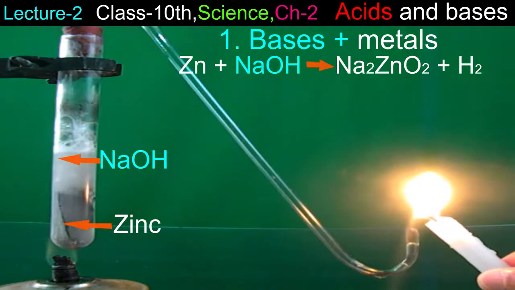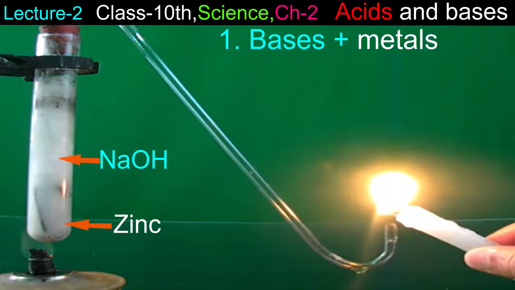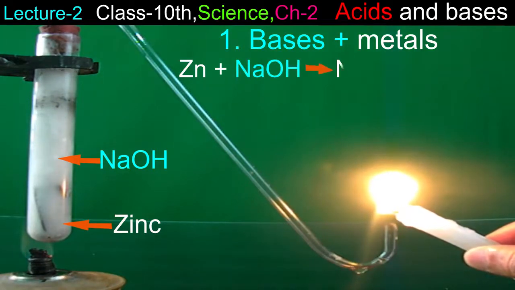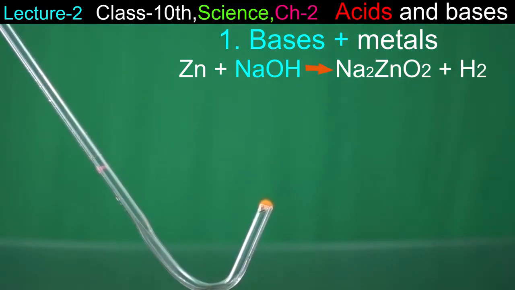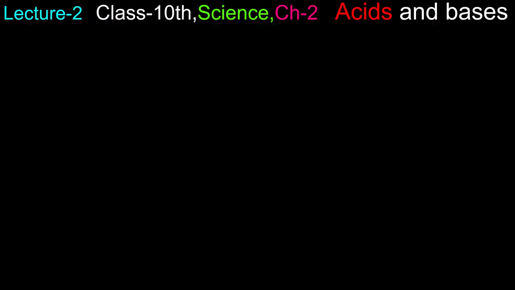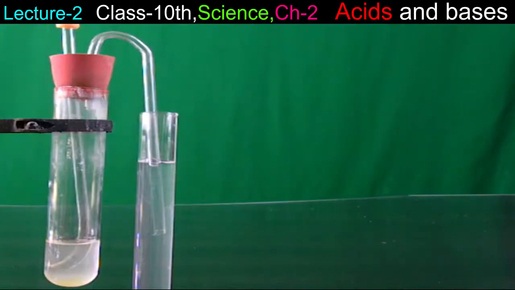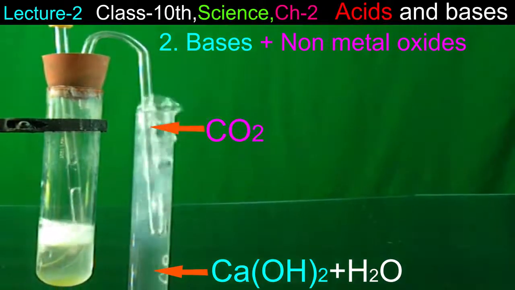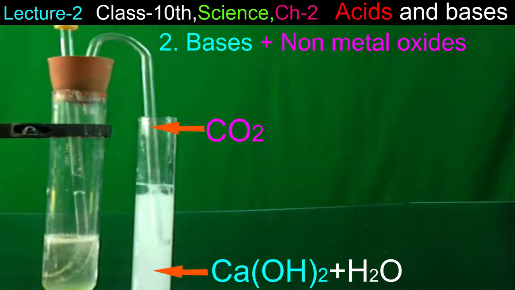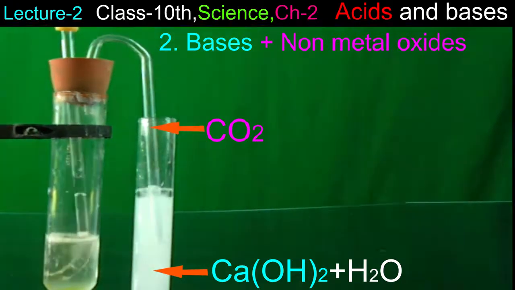The reaction is Zn plus NaOH produce Na2ZnO2, which is sodium zincate, plus H2. Next reaction number 2 is the reaction of calcium hydroxide, which is a base, with CO2, which is a non-metal oxide.